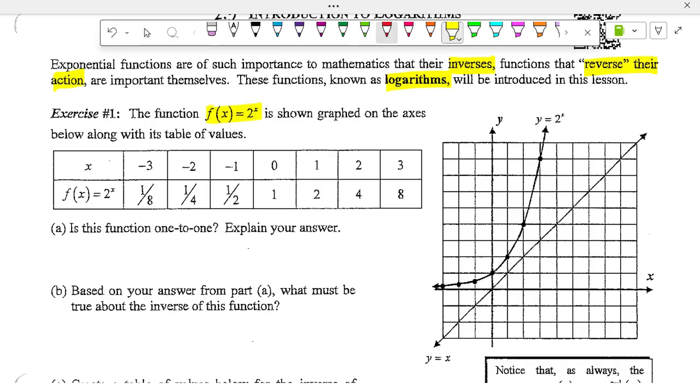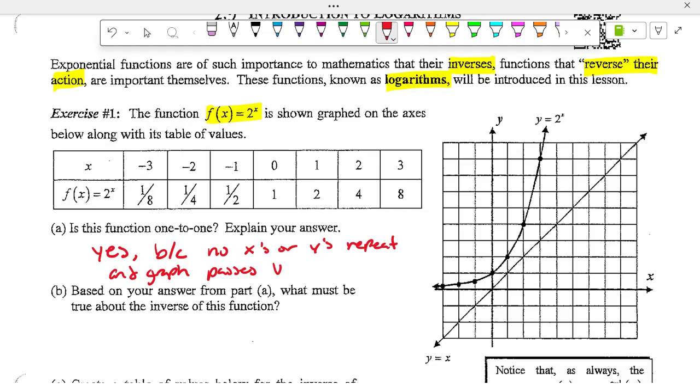Yes, it is. And it's because no x's or y's repeat, and the graph passes the vertical line test and the horizontal line test.